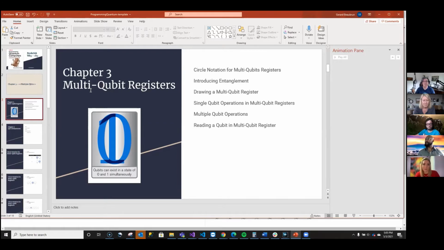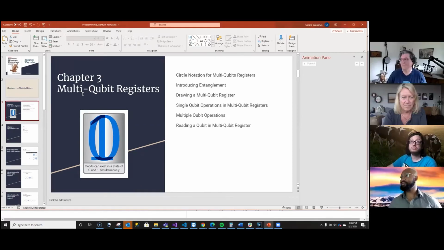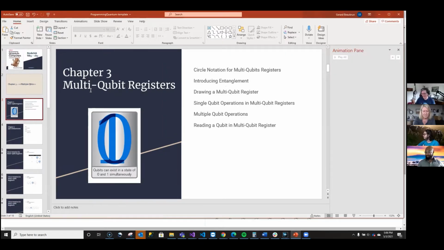So first, we're going to go through a circle notation for multi-qubit registers. And throughout our experiments in coding and programming, we'll introduce entanglement, a phenomenon that most of you know of. But instead of actually giving it a nature, we are going to see it in action as a program.